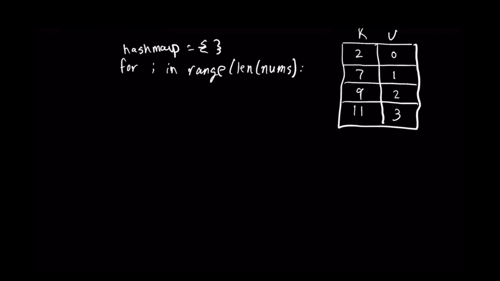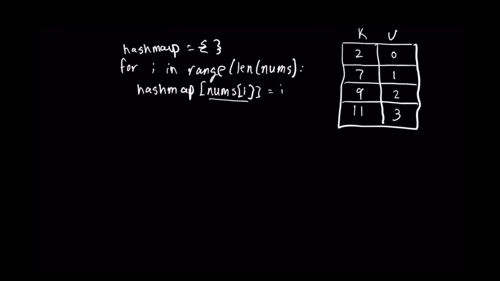So we'll take hash map, and then whatever the first value is, second value, third value, and so on, we're going to set that equal to the index. So you can kind of see where we're going with this. Basically, what we're going to use the hash map for is to very quickly look up in our hash map if a number exists such that it is a complement to whatever value we're iterating through, such that it's equal to our target.